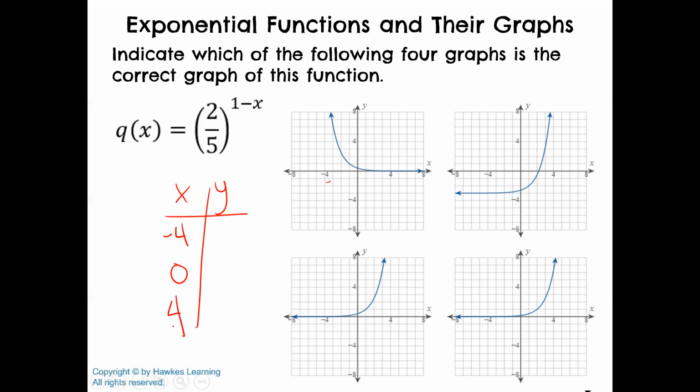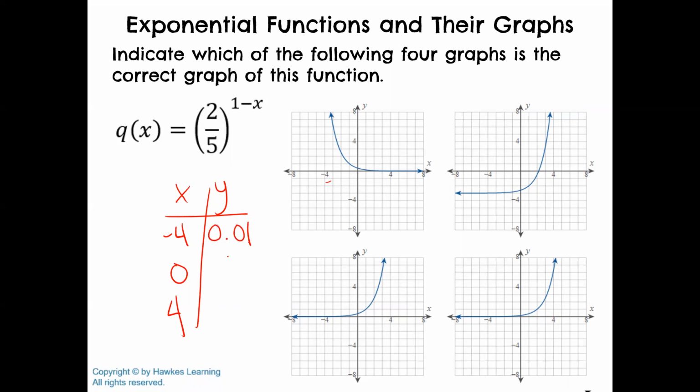All right, so 1 minus a -4 is 5. So we're going to do 2/5 raised to the 5th power. Oops. I didn't put it in as an exponent. Y'all be careful on that. To the 5th power. And I get a tiny little number.